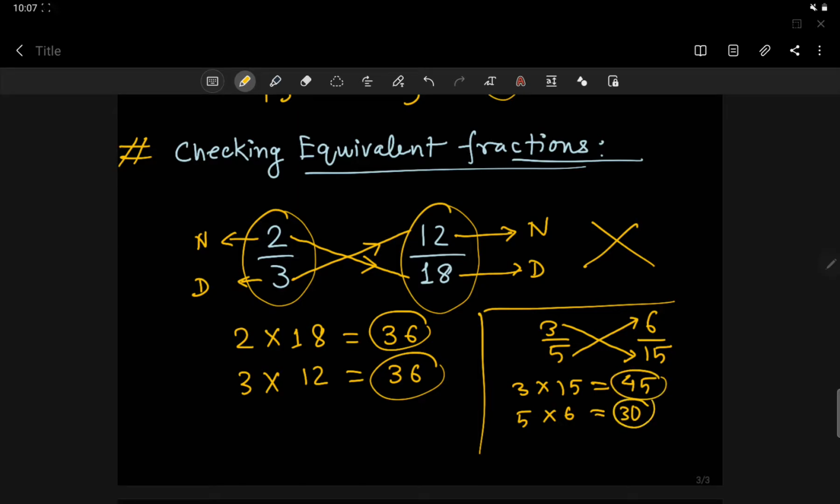Both values are different, so they are not equivalent fractions.